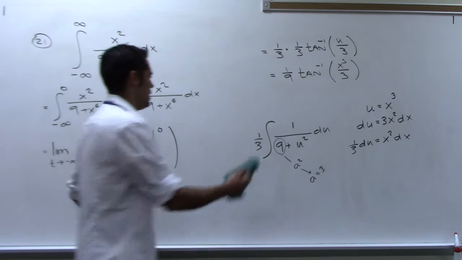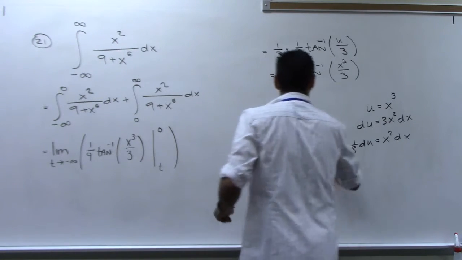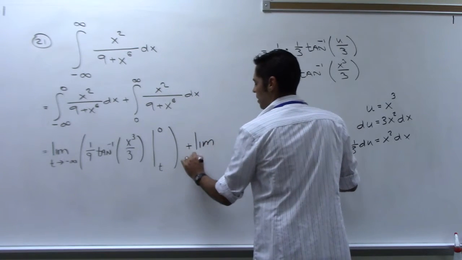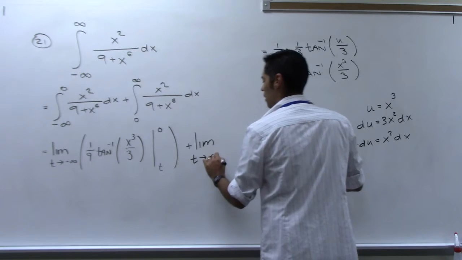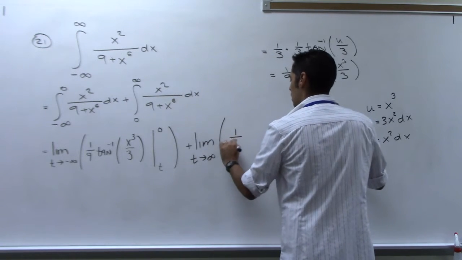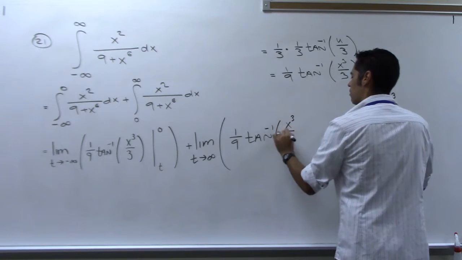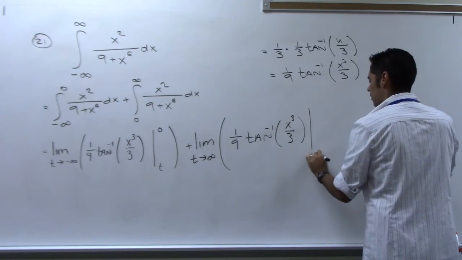I've got to figure out what that is. Then plus limit, this time t going to positive infinity, of the same antiderivative, 1/9 arctangent x cubed over 3, this time going from 0 to t.